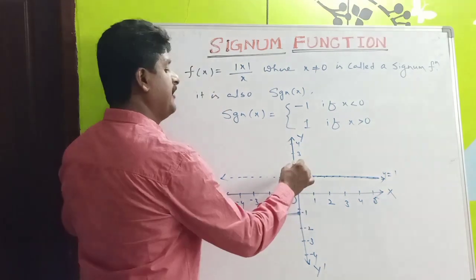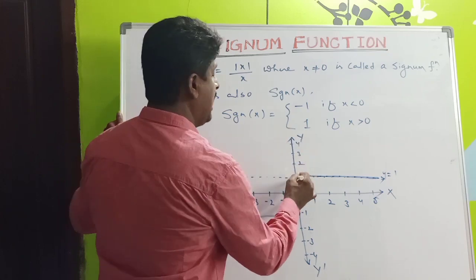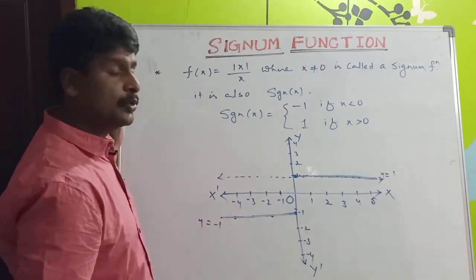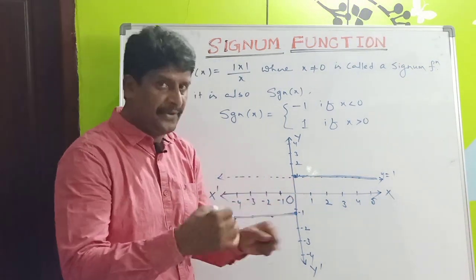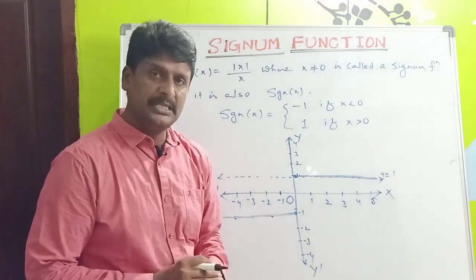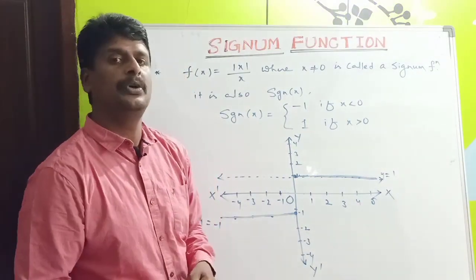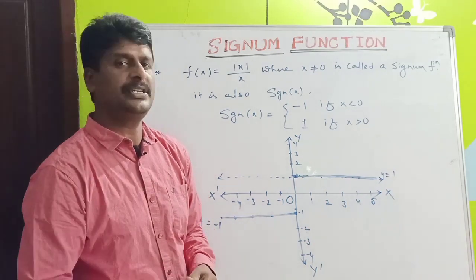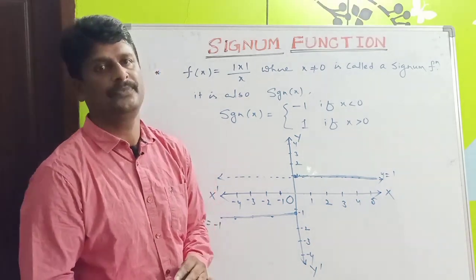But here we have to lift. Thereafter we can draw the graph continuously. So at 0, we have to lift the marker from the board. So that's why the function is continuous everywhere except 0. Of course, the domain is also not containing 0. We can say that the function is continuous on its domain.